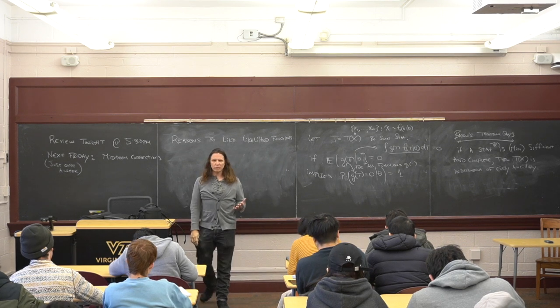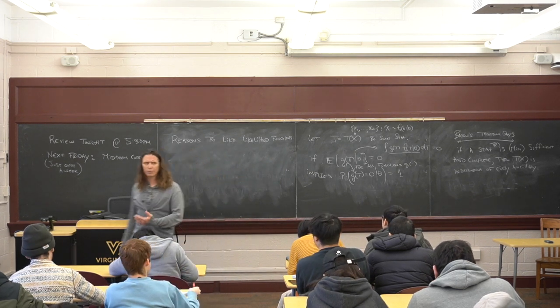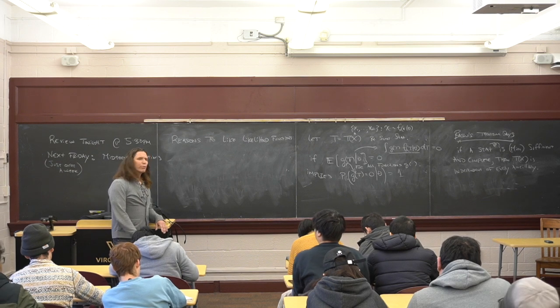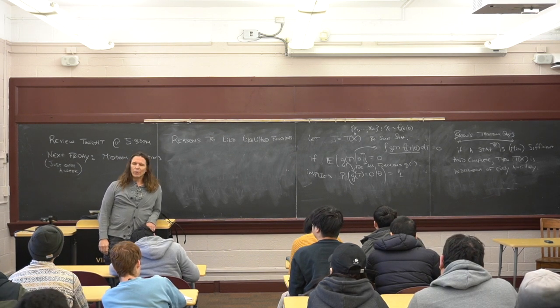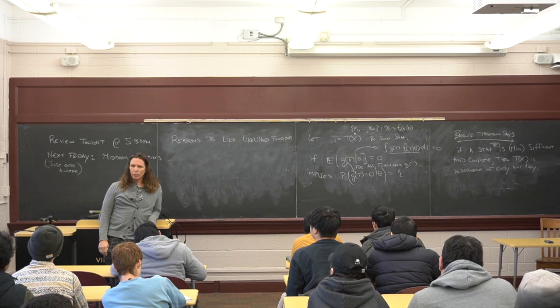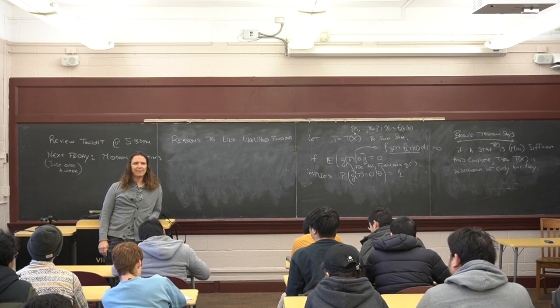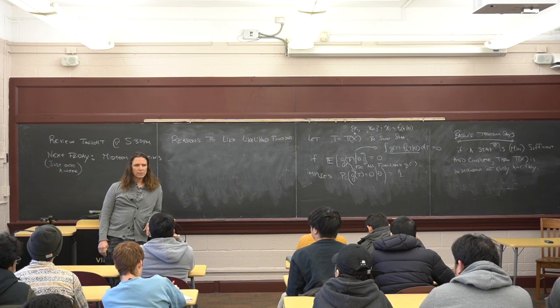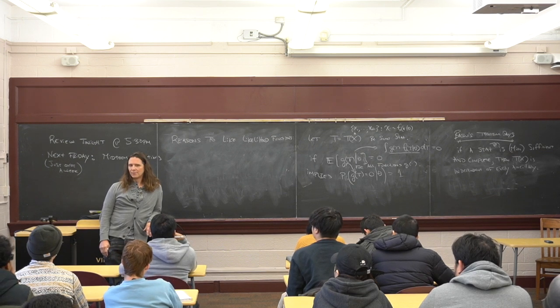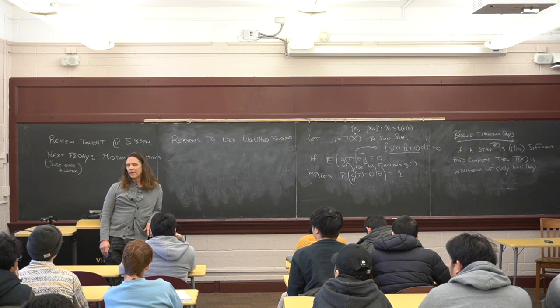I will mention, and maybe next time I'll bring a passage from a book, there was an argument that took place between, who was it? Oscar Kempthorne, I.J. Good, and Dennis Lindley. So does anybody know who those people are? Anybody know who any of them are? So Oscar Kempthorne, anybody know his name?